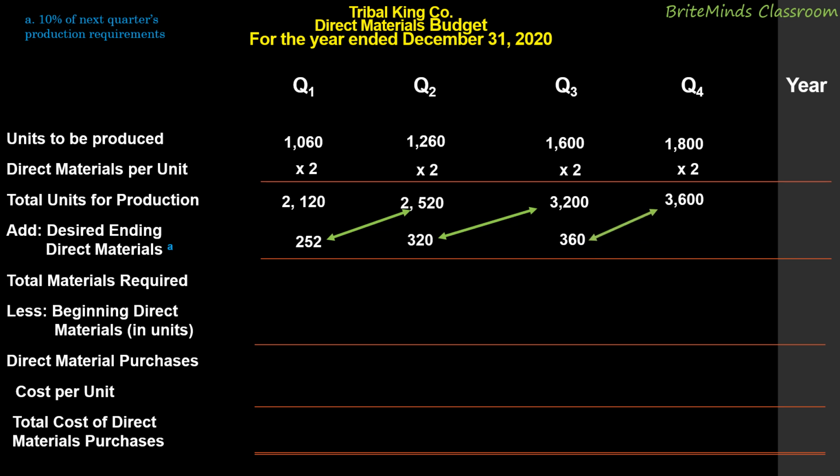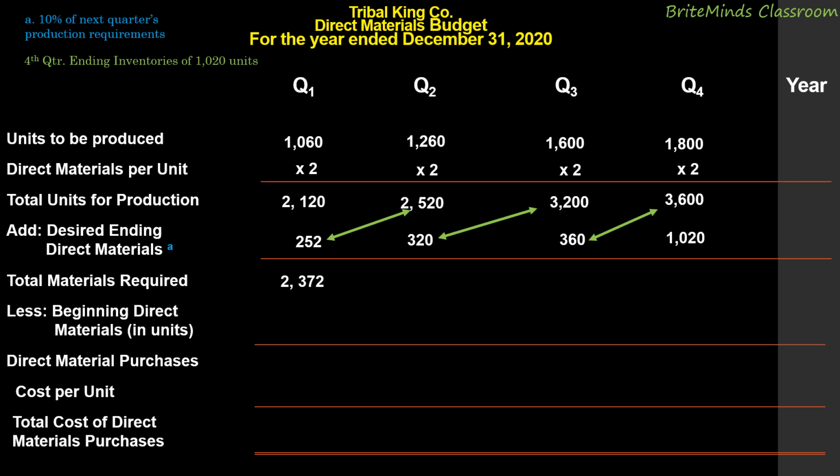And then we also have the assumption that the fourth quarter ending inventory is 1,020 units. Now we can determine the total materials required for the 4 quarters. Okay, so for the first quarter, the total units for production plus the desired ending direct materials. So the total materials required for the first quarter is equal to 2,372.